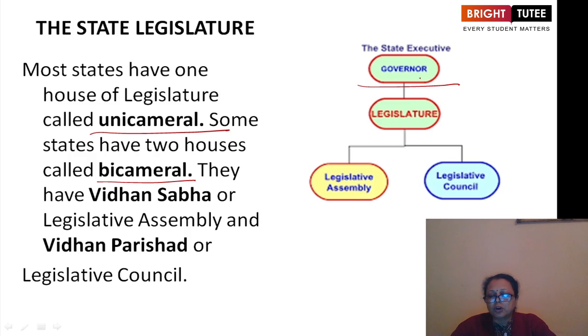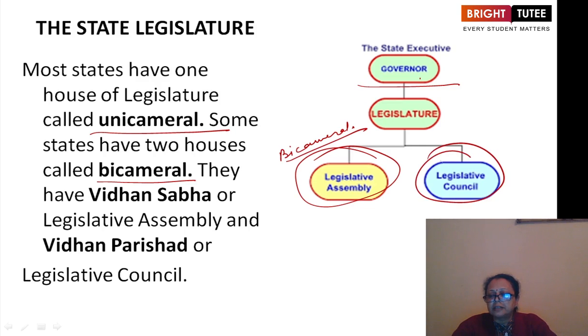So he is at the top, and then the legislature comes under him, and the legislature has 2 different houses, Legislative Assembly and Legislative Council, if the state has the facility of bicameral legislature. Otherwise, we have the unicameral legislature. Most of the states in our country have the unicameral legislature.